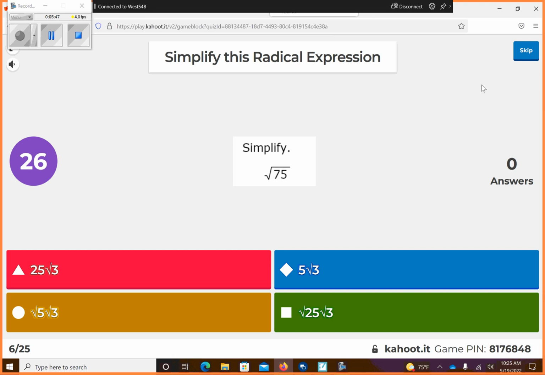All right, think about what the biggest perfect square that goes into root 75 would be.